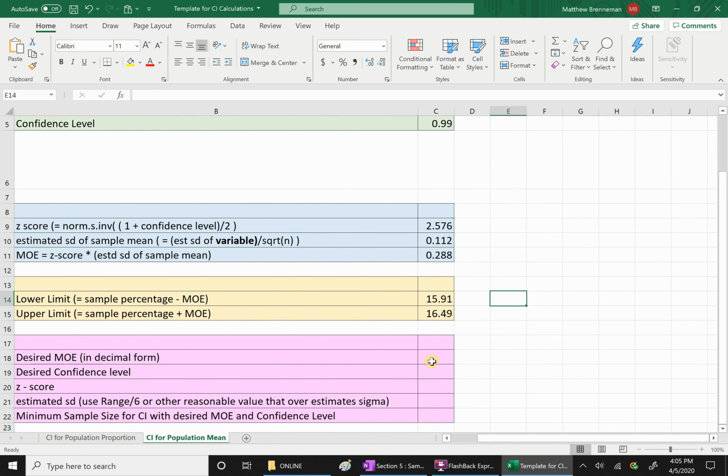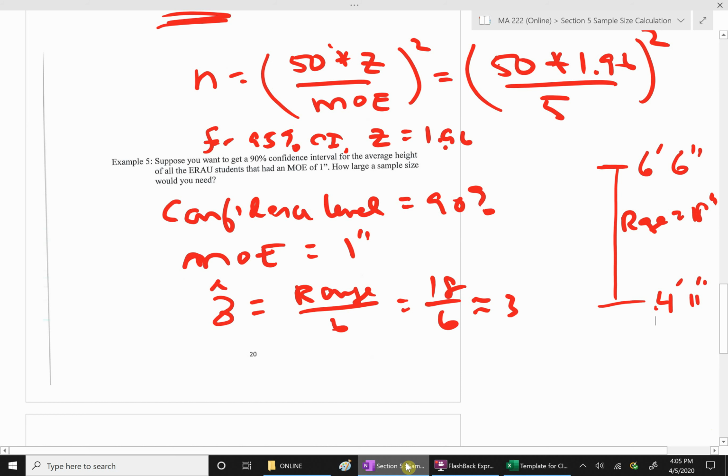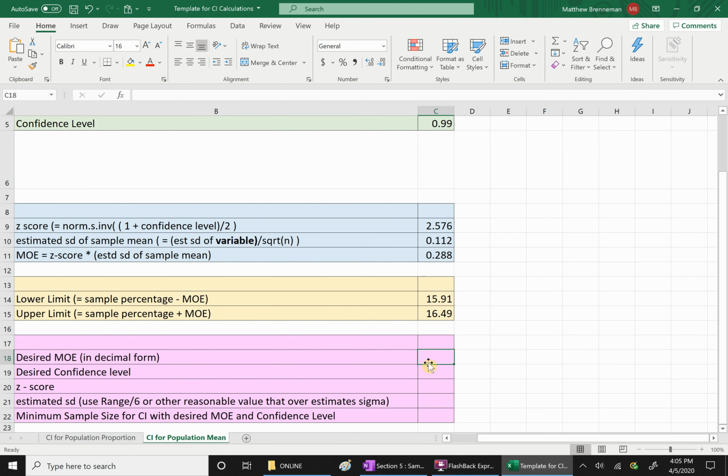So my desired margin of error was 1 inch, and my desired confidence level is 90%. Here I do have to actually use the decimal form.